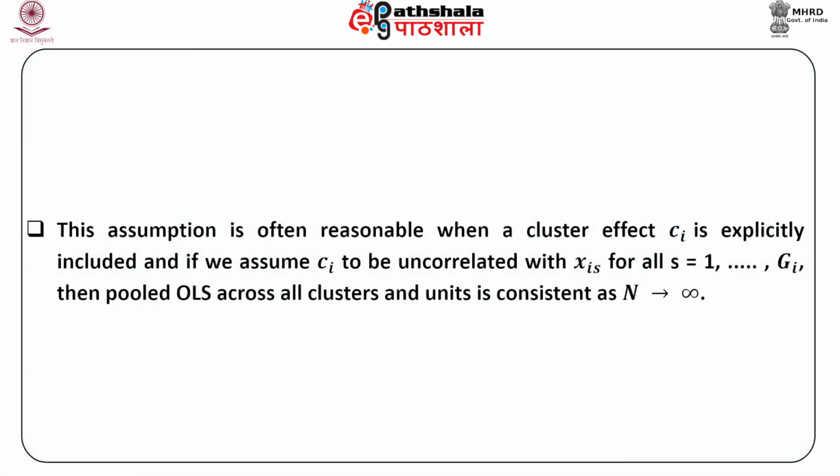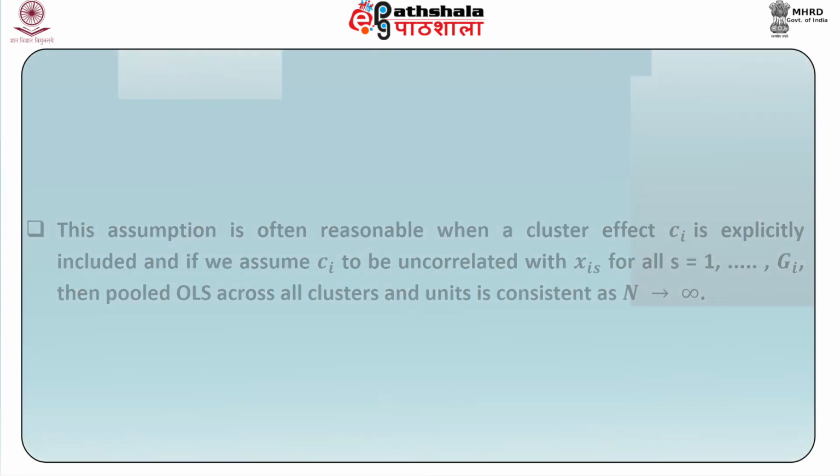This assumption is often reasonable when a cluster effect c_i is explicitly included. And if we assume c_i to be uncorrelated with x_is for all s, where s varies from 1 to G_i, then pooled OLS across all clusters and units is consistent as capital N tends to infinity.